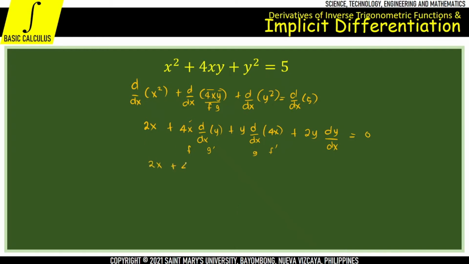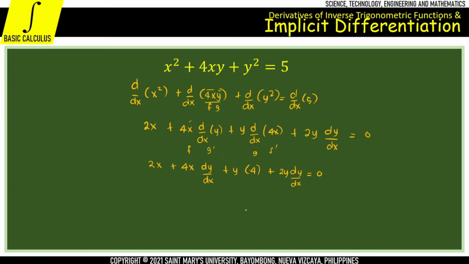Next, plus, we have 4x. Derivative of y is equal to 1. However, nag-differentiate tayo ng y, kaya ang matitira is dy/dx plus y. Derivative of 4x is equal to the constant 4, plus 2y dy/dx is equal to 0.